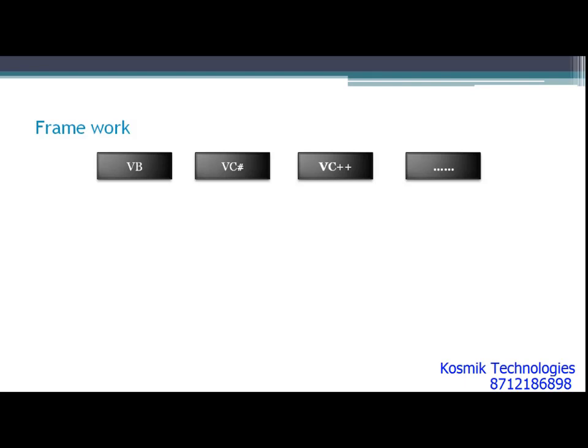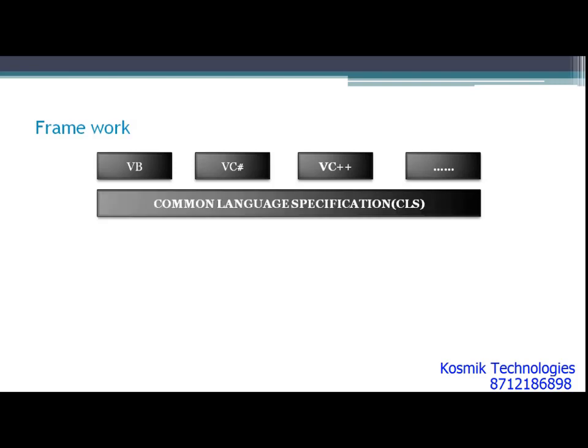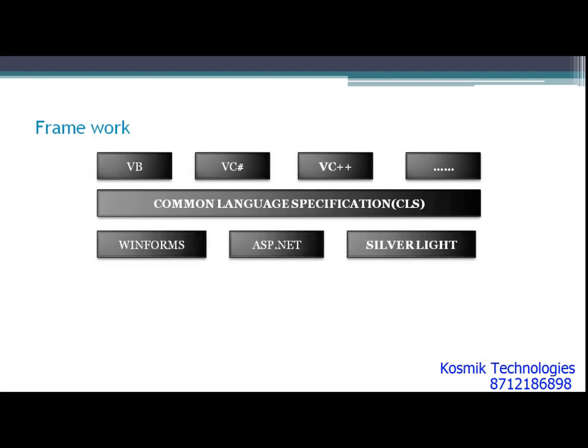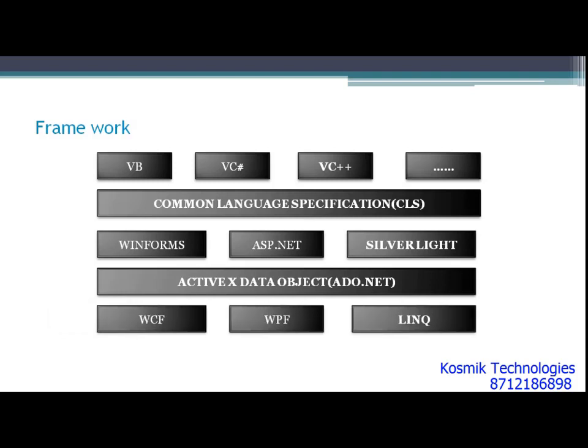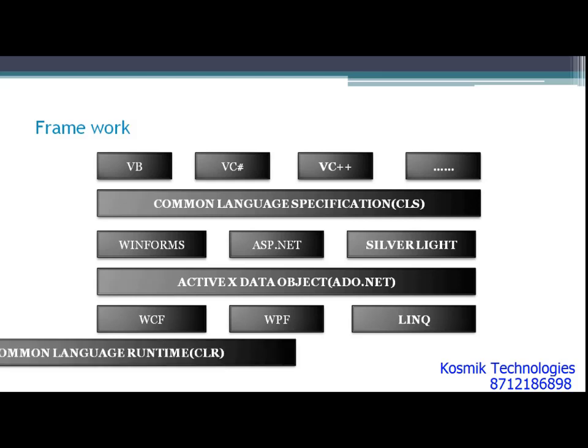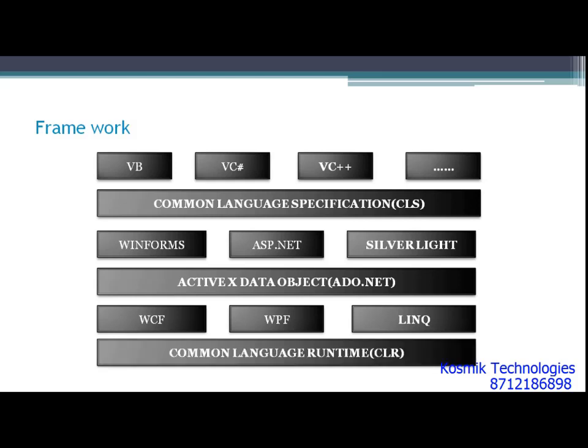Among all these languages, you can learn any one of them. Hence, it is called language independent. Next, we have something called common language specification. And the next libraries are Windows Forms, ASP.NET, Silverlight, ActiveX Data Object (ADO.NET), WCF, WPF, LINQ, and the common language runtime.